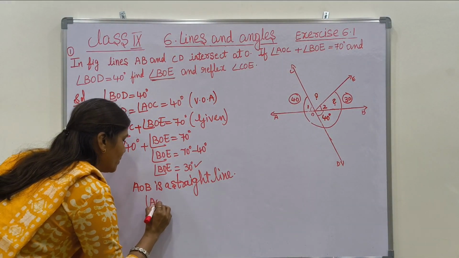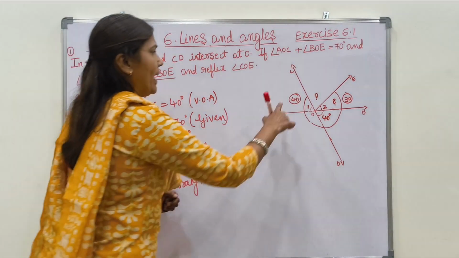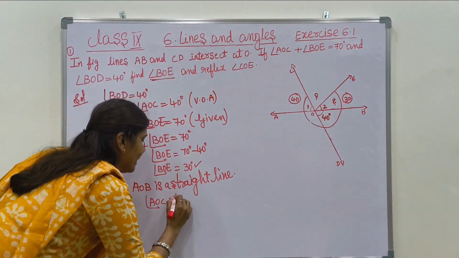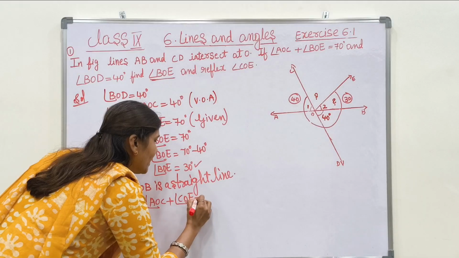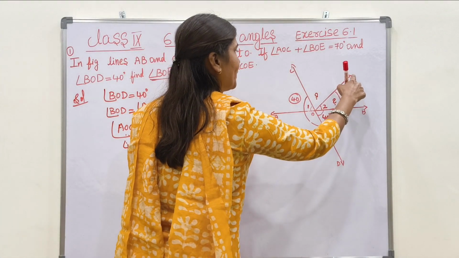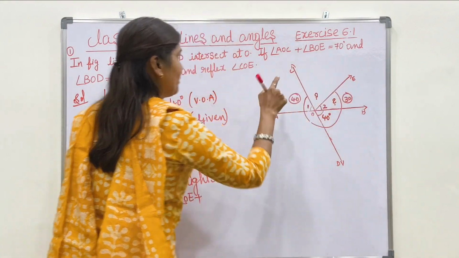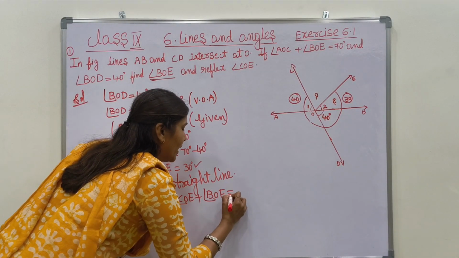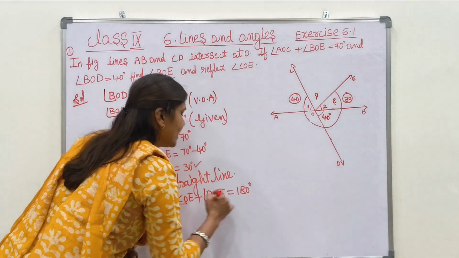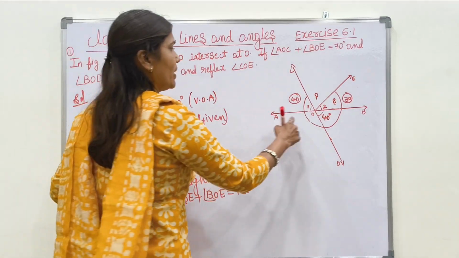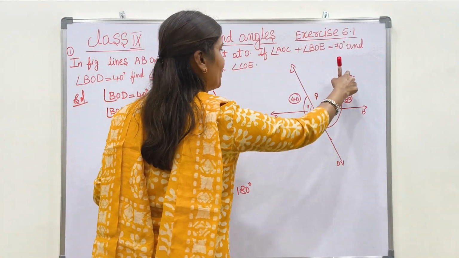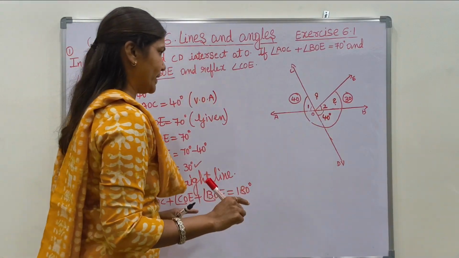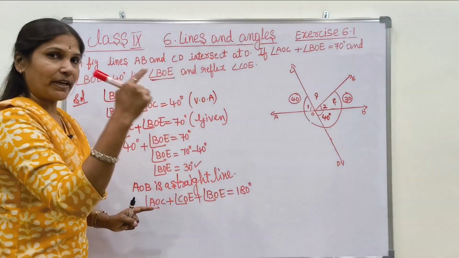Angle AOC plus angle COE, plus again which angle is there? BOE. All are how much degree? 180 degrees. What is the reason? It is a straight line. So AOC plus COE plus BOE, these three, how much degree is there? 180 degrees.